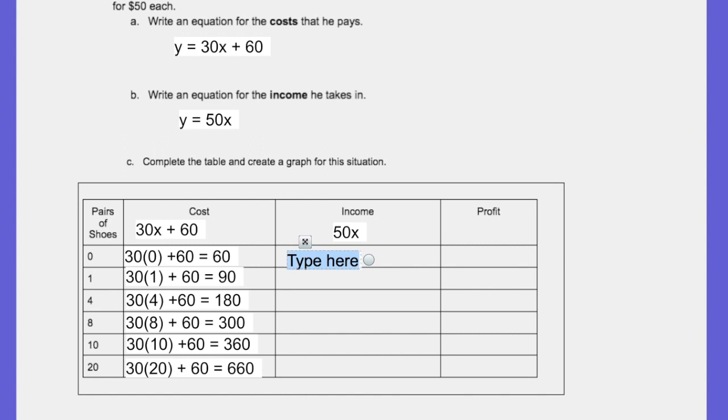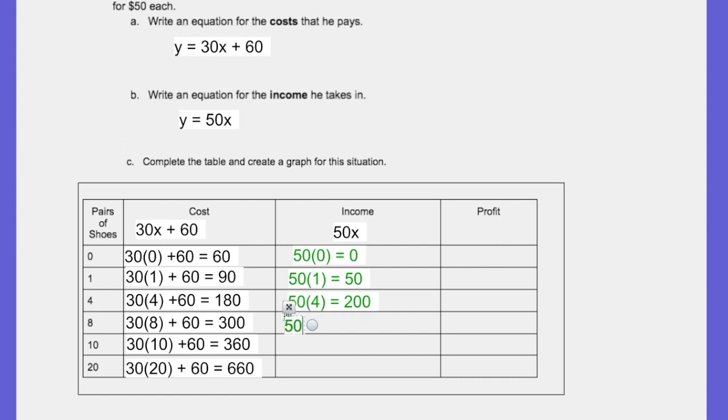So now let's look at his income. So the income is how much he's getting from this when he sells them. So 50 times the number of shoes. So if he sells 0, obviously he's going to make no money, 0. Then if he sells 1, he's going to make, or take in $50, and so on. Again, if you start to notice a pattern here, do some on your own at this point, pause the video, and then start up later and check.